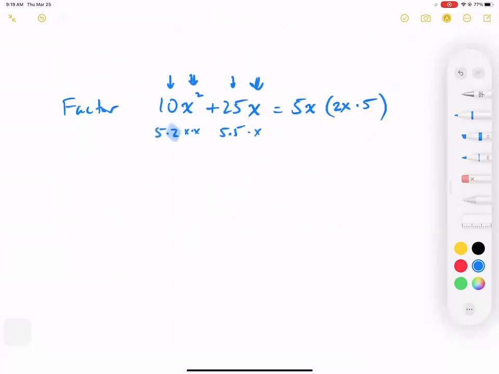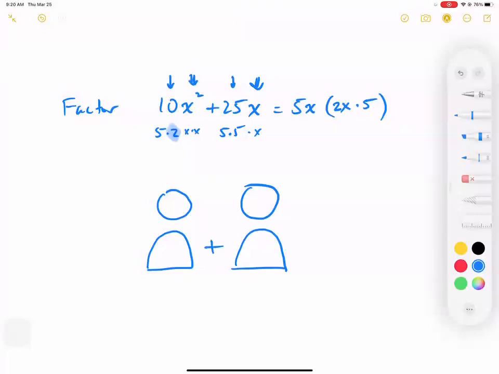Okay, so let's think of this as two friends. Okay, two friends are different. And let's say this friend here numbers are 14x squared, and this friend here is 21x.